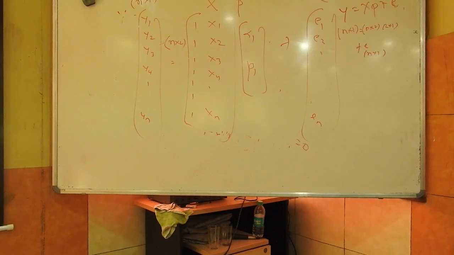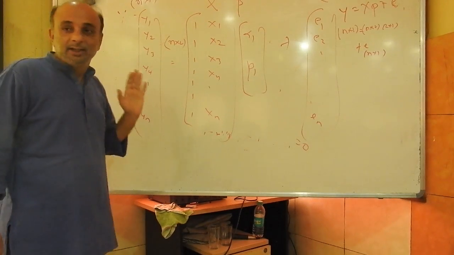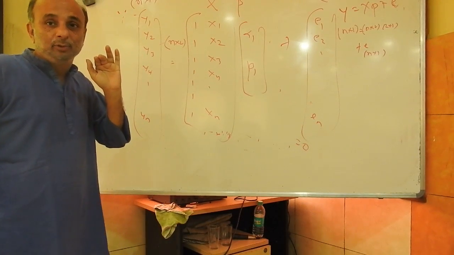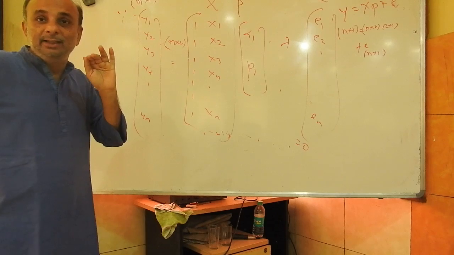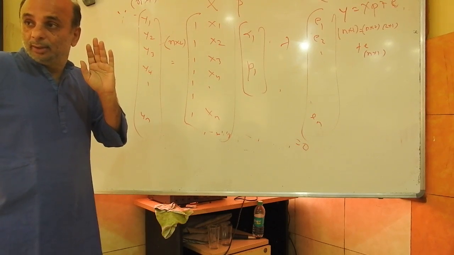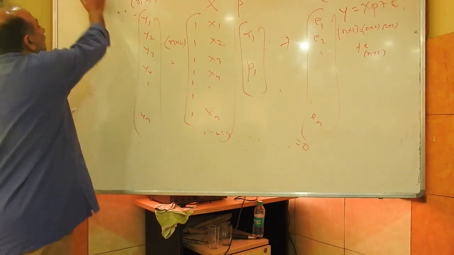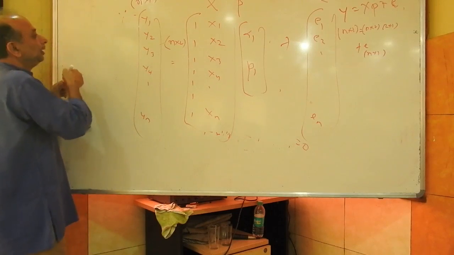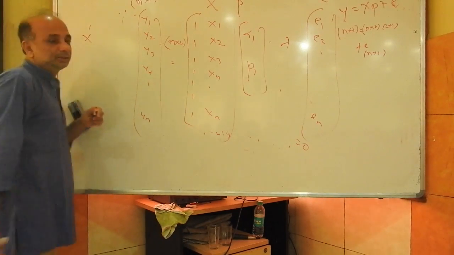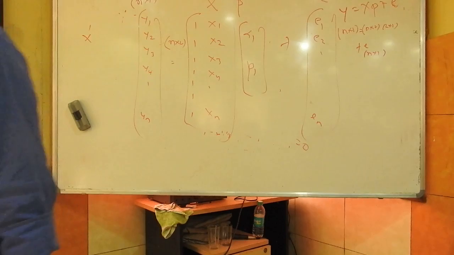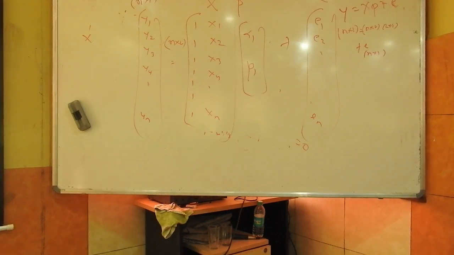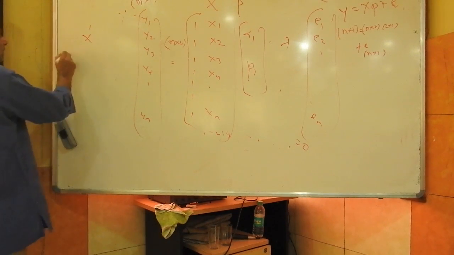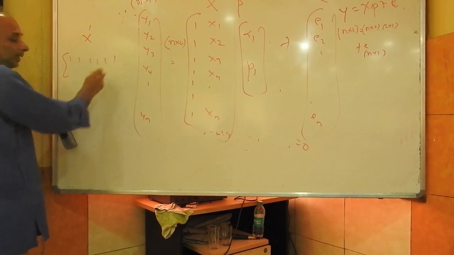Now here remember, I want to impose the identifying conditions, I want to now get summation ei is equal to 0 and summation xi ei is equal to 0. Okay, how will I get them? I will get them as follows. Think of the matrix X transpose. If I do X transpose, what will I get? 1, 1, 1, 1, 1.